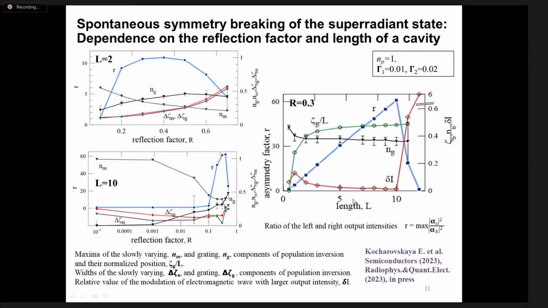Also, if the length of the cavity becomes long enough, then super-radiant pulses could appear in the central part of the cavity, and the asymmetric quasi-stationary regime will be destroyed.